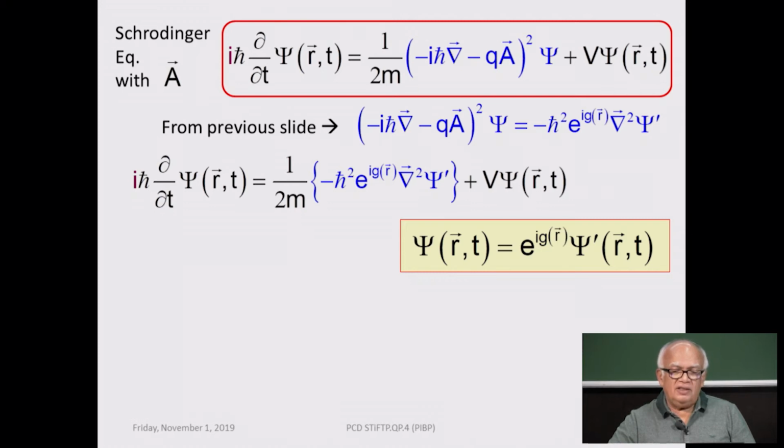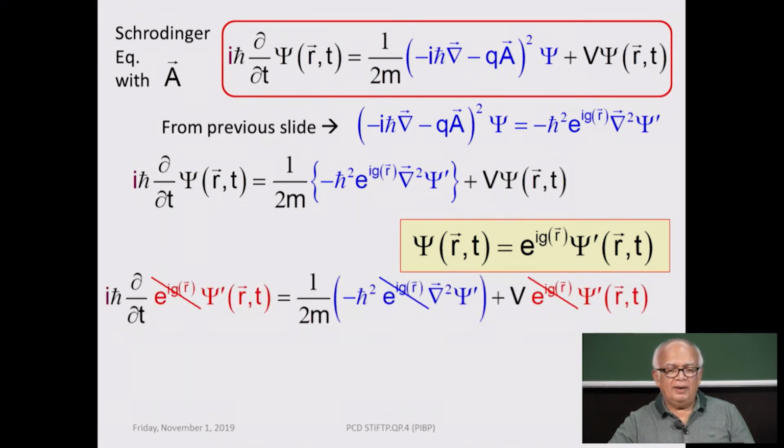So, now you have got this psi and psi prime, which are the same except for the phase, and you write the psi on the left hand side in terms of psi prime with the phase, and then you have got this phase common in all the three terms which are there in the equation.